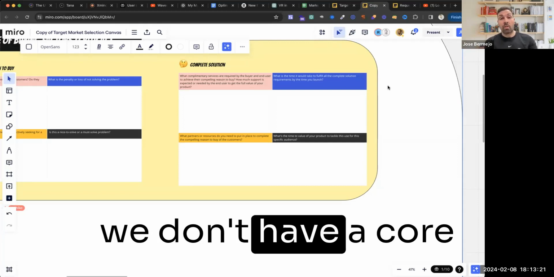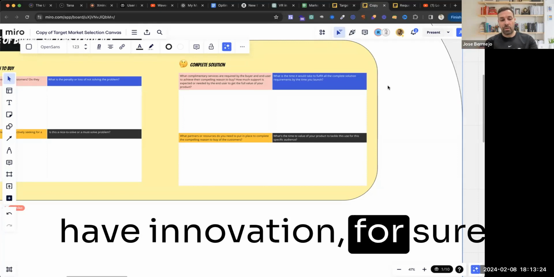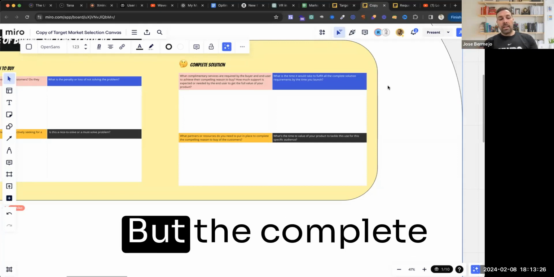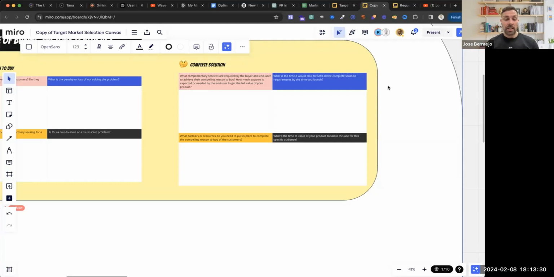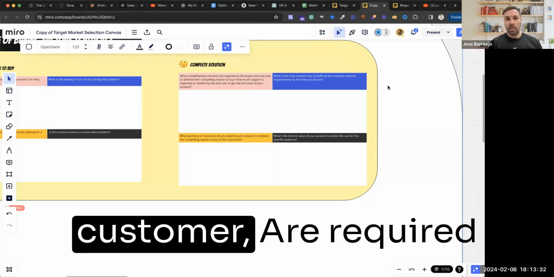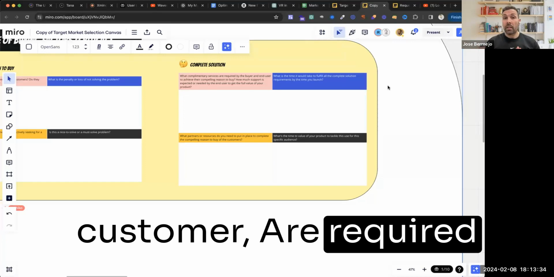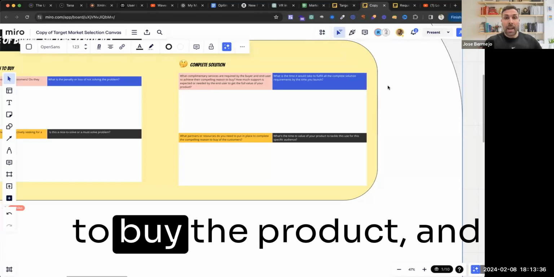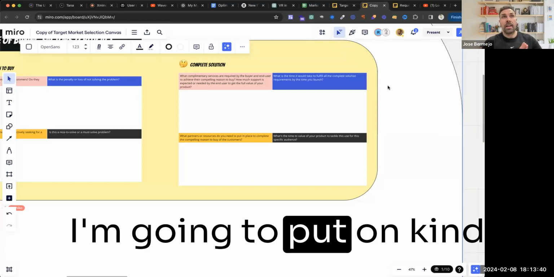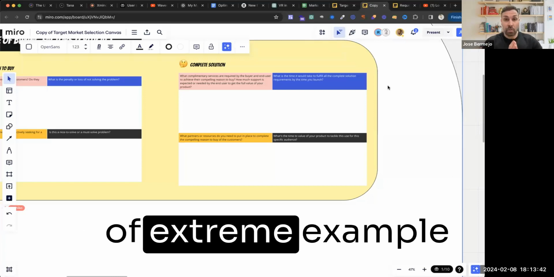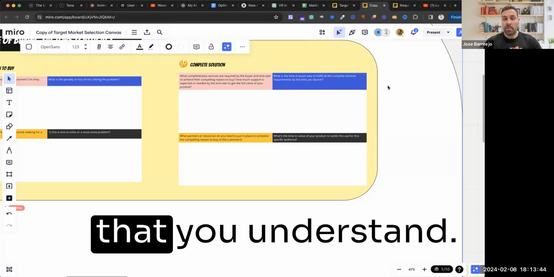Without the features, we don't have a core product and we don't have innovation for sure. But the complete solution are other complementary services that in the eye of the customers are required to buy the product. And I'm going to put an extreme example for you that I hope you understand.